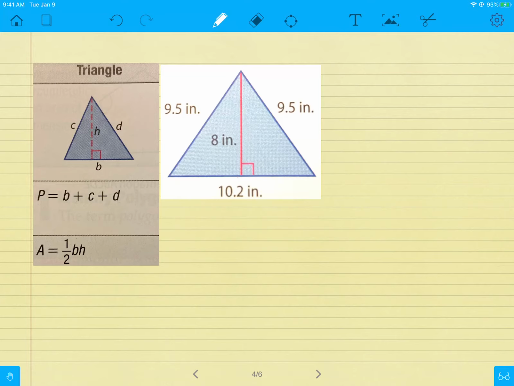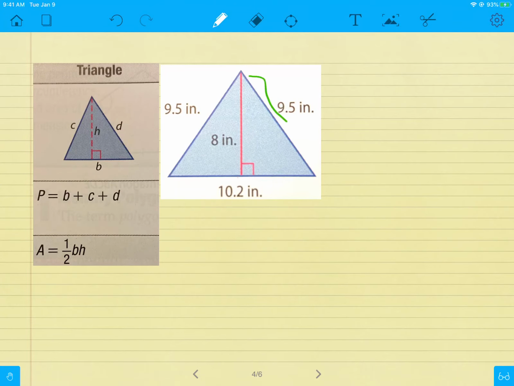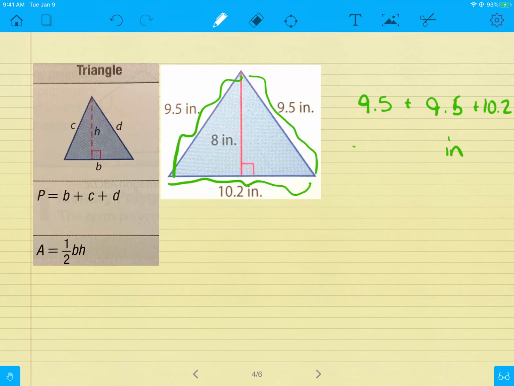So for perimeter of this particular object, I'm going to switch up my color here. You would just add up this wall here, which is 9.5. You add up this wall, 10.2, and then the 9.5. That's the outside of the triangle, not the inside. So 9.5 plus 9.5 plus 10.2, and your total label should be in inches, and I get 29.2 inches.